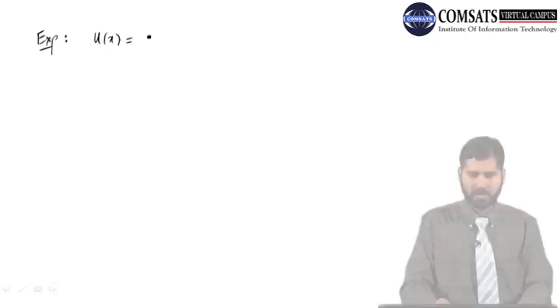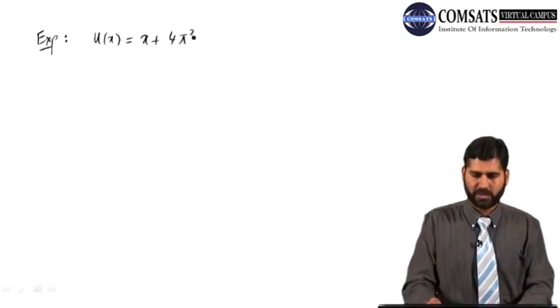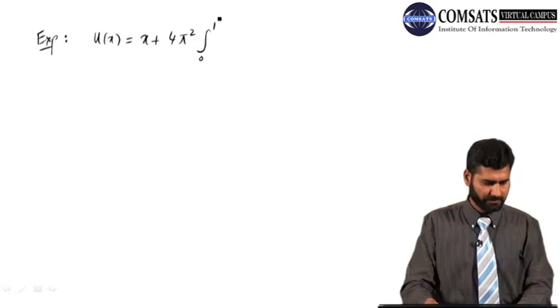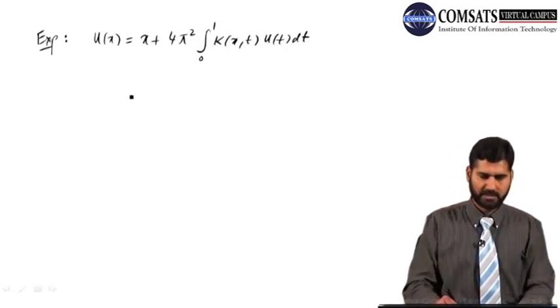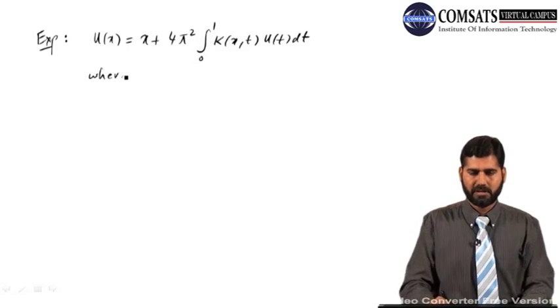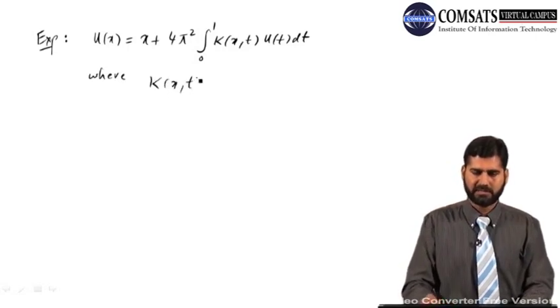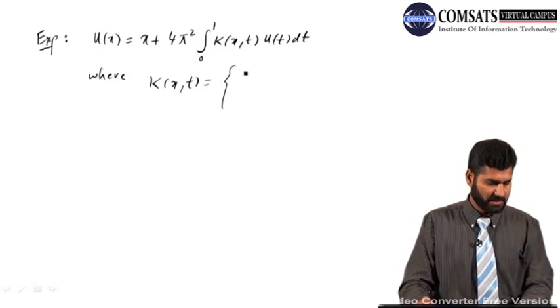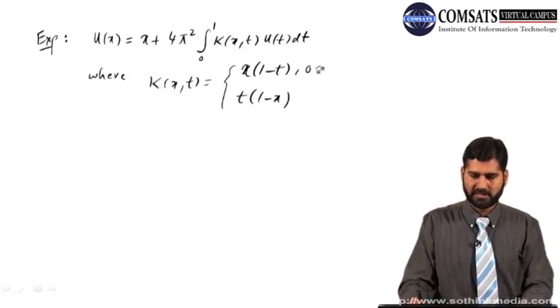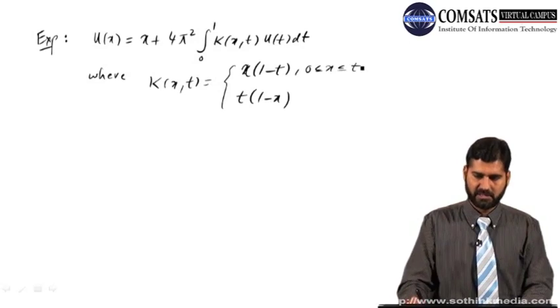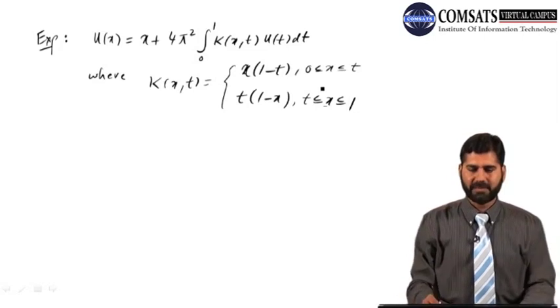The other example is u(x) = x + 4π² ∫₀¹ k(x,t) u(t) dt, where k(x,t) is still the same resolvent, the same kernel: x times (1 − t) for 0 < x < t, and t times (1 − x) for t < x < 1. So we are again having the same kernel.